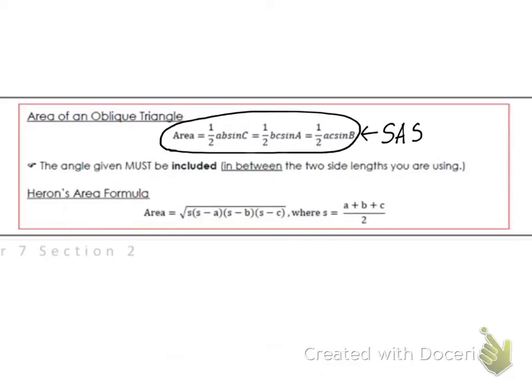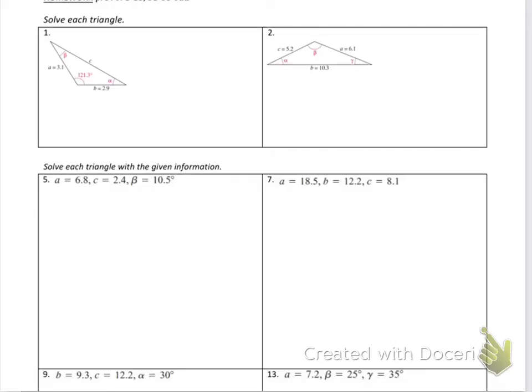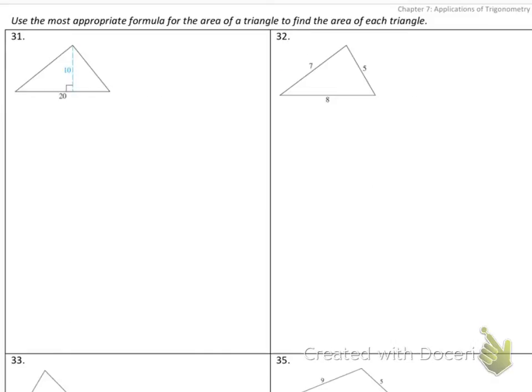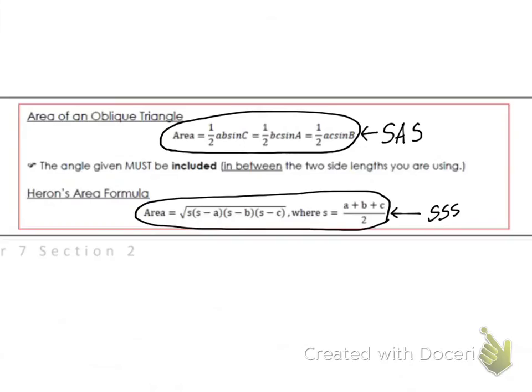And this bottom one is if you know side, side, side. All right, so there are problems in the homework where we're supposed to use the most appropriate form to solve the triangle. So this one is side, side, side. That's going to tell you, hey, go back to that page.